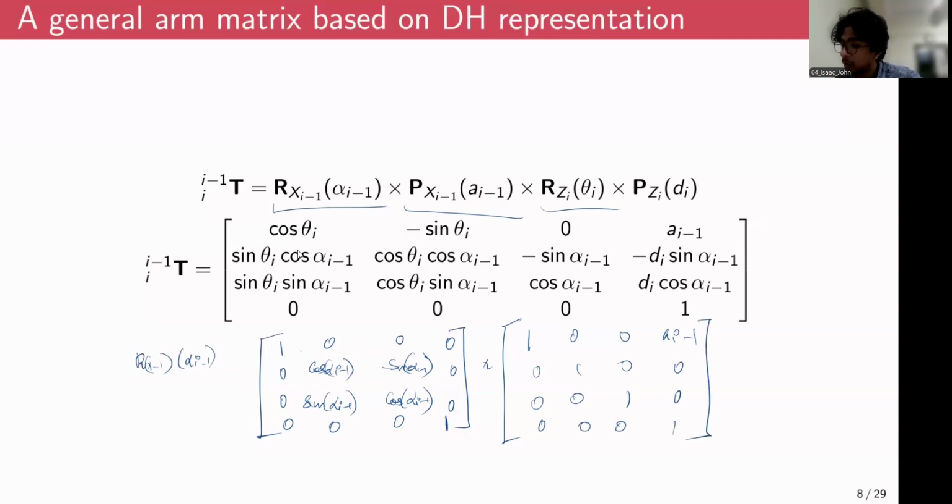And similarly, you can also find the transformation matrices for the pure rotation about the zi axis and the pure translation about the zi axis. And if you multiply all four matrices sequentially, one after the other, you will be able to obtain this final big transformation matrix that conveys the relative position and relative orientation between the i minus 1 frame and the ith frame.